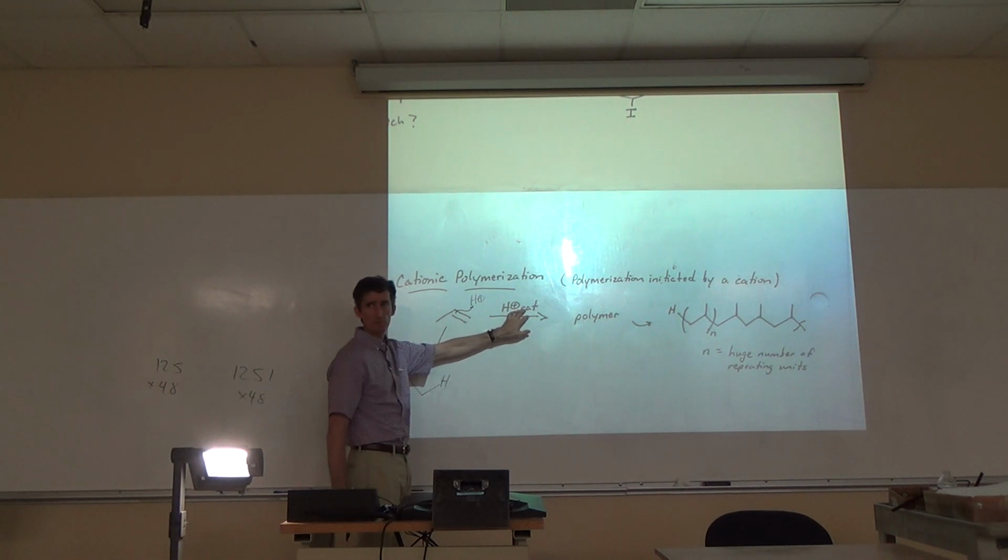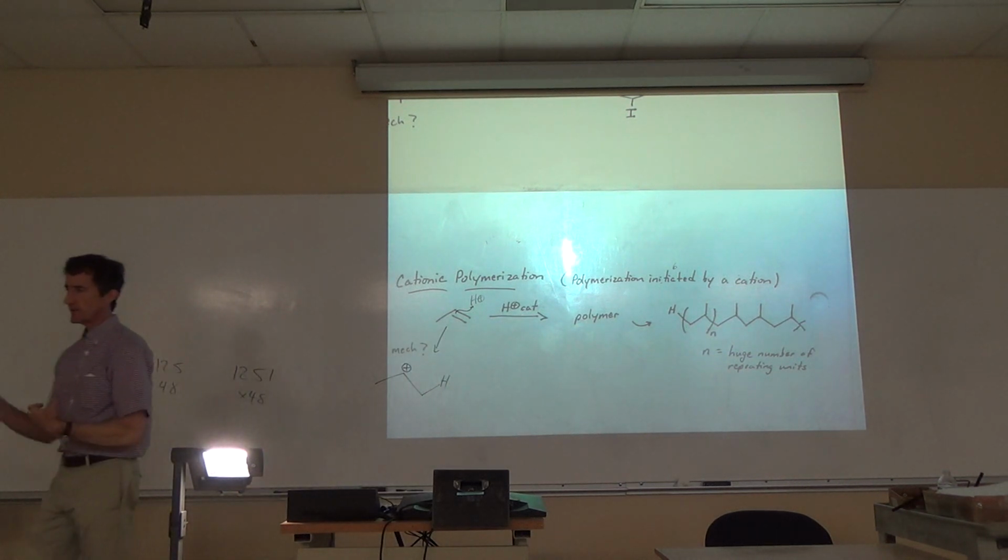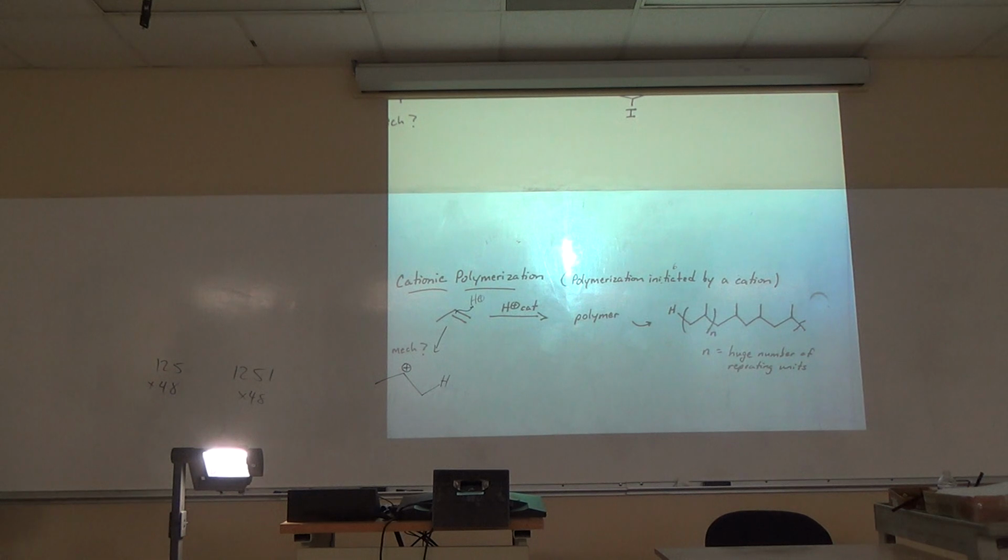We need to look at what H+ catalyst we want. What is an example of an H+ catalyst where the anion will not attack? HF. What's another example, more common? Sulfuric acid.